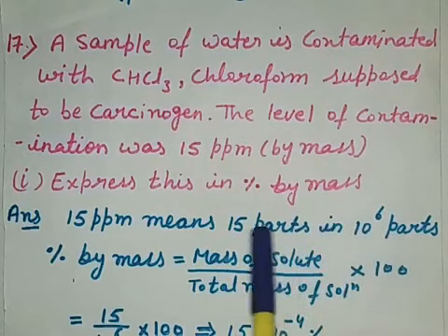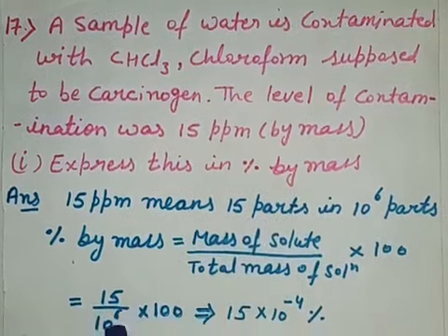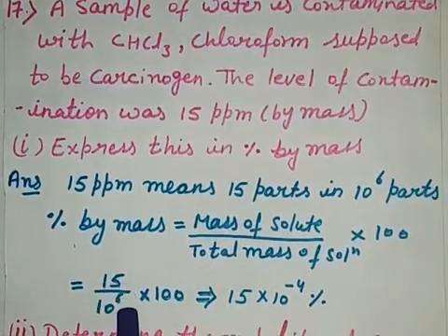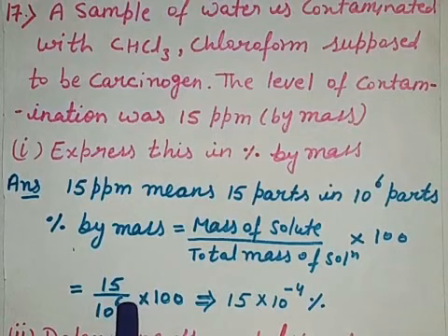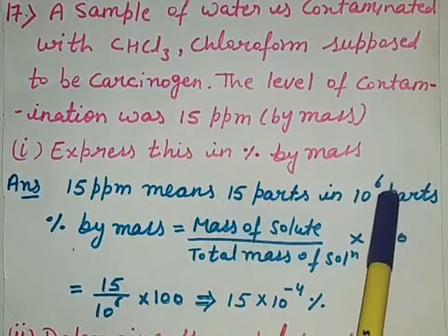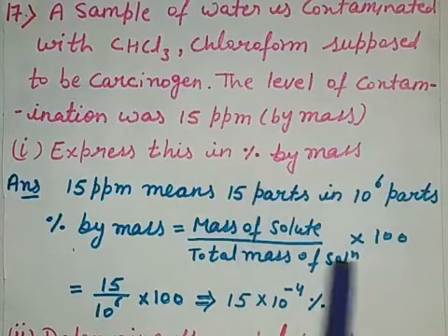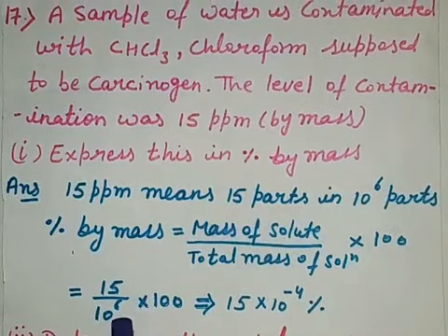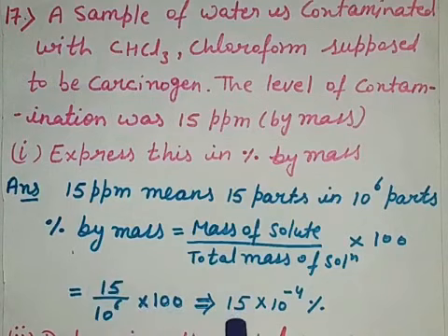So we write 15 divided by total mass, which is 10 to the power 6. To be exact, it is 10 to the power 6 plus 15. But as you can see, 15 is very less than 10 to the power 6, so we can neglect 15 here. So you can simply write 10 to the power 6 into 100. When you solve it, it comes to 15 into 10 to the power minus 4 percent.